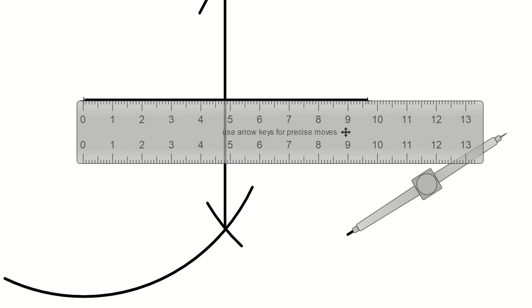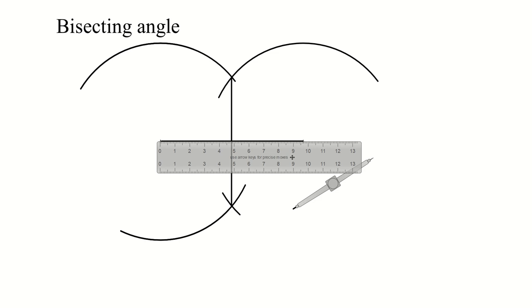You can check it to make sure. But this is how we find the perpendicular bisector, or how we bisect a line. Okay, now, not an angle, I should say bisect a line. This would be needed a few times to do a few things. This is bisecting a line.